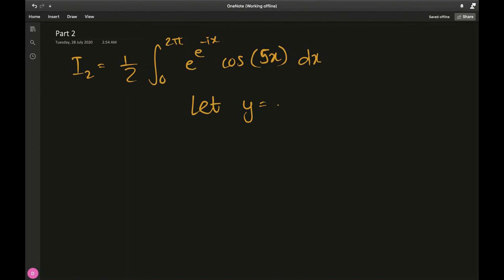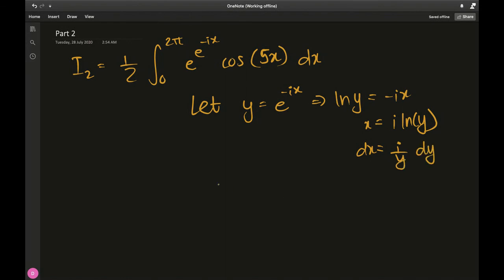So let y now equal this exponential e to the negative ix. Taking the natural log, we have negative ix is equal to natural log of y. Dividing by negative i, we have x is equal to i times natural log of y. So that means dx is i over y dy.